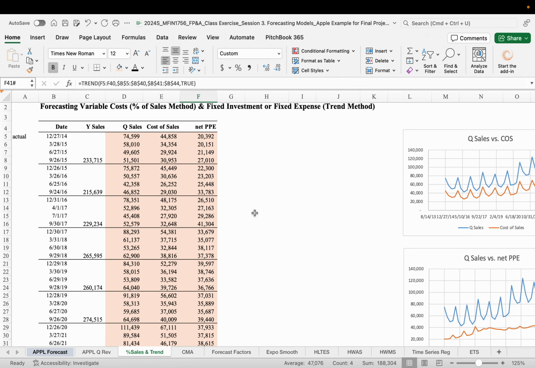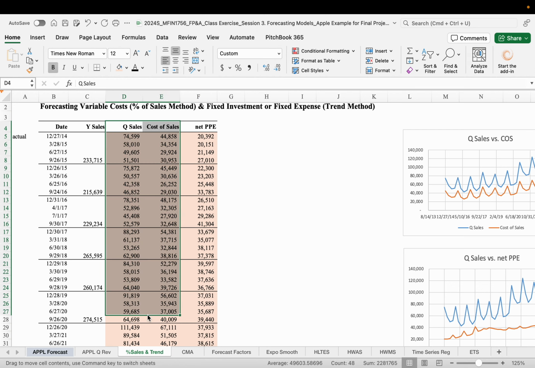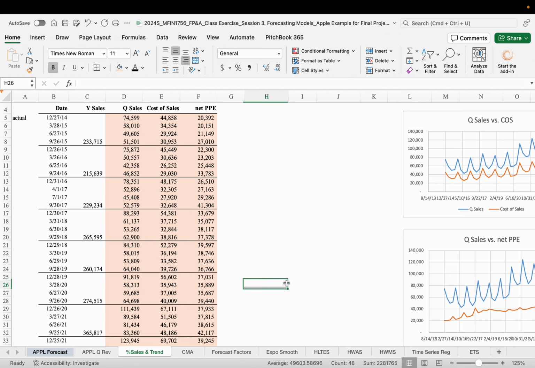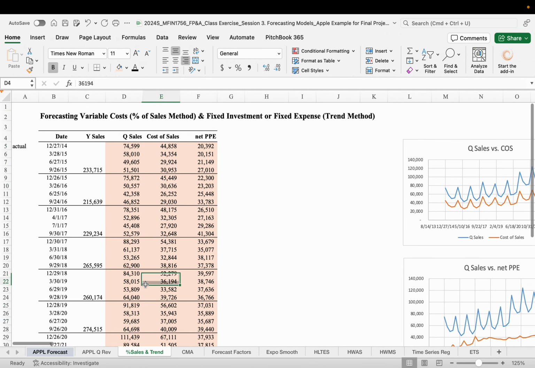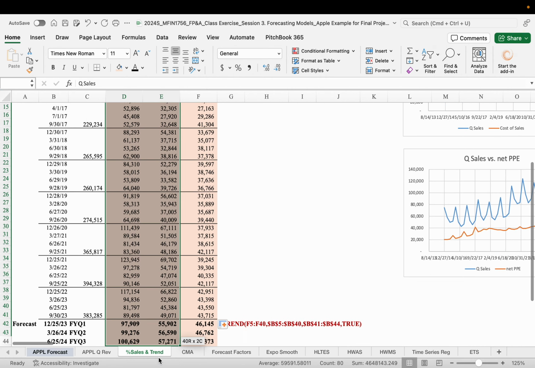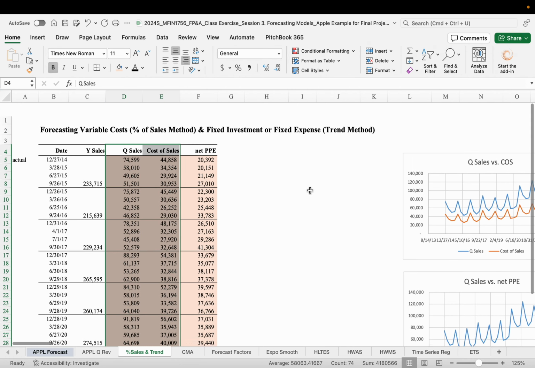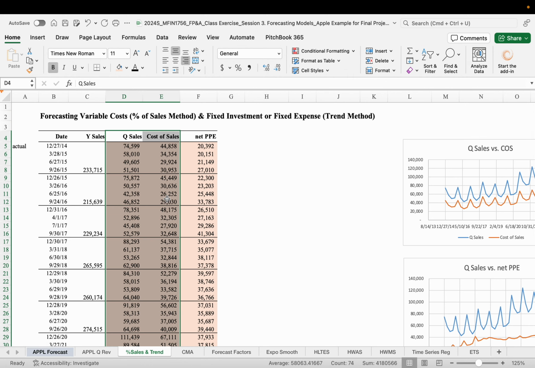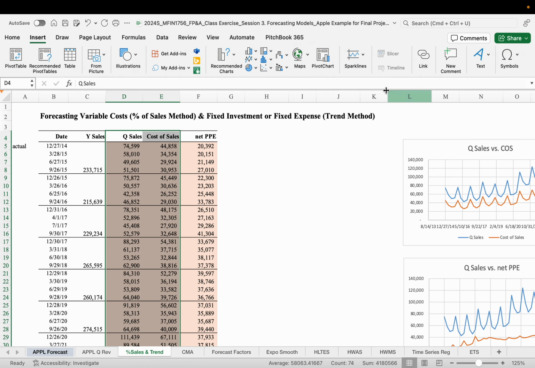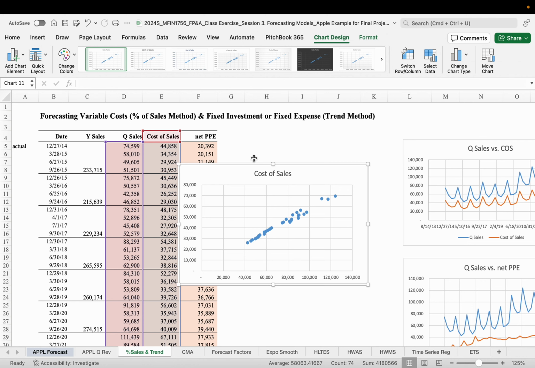If you want to clarify the relationship between each function, you can also draw the linear line of sales and cost of goods sold using insert here, right?